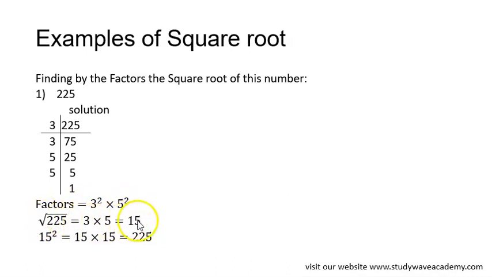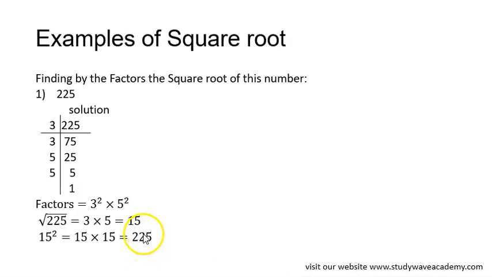So we have 15. 15 squared is equal to 15 times 15, which is 225. So the square root of 225 is 15, because if 15 multiplies itself, it will give us 225. Do we understand that?